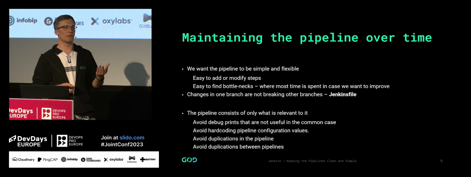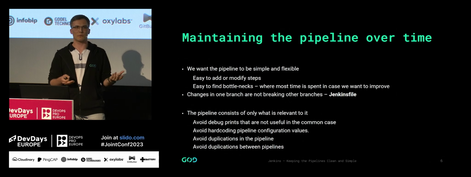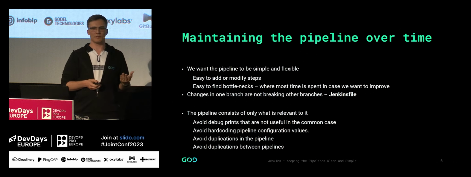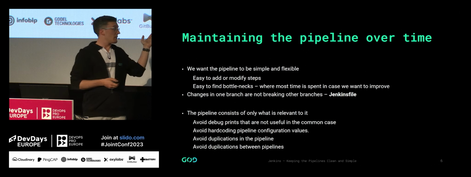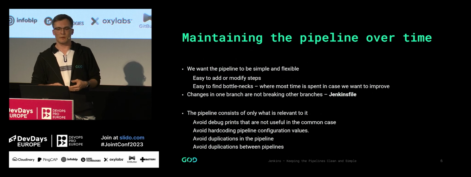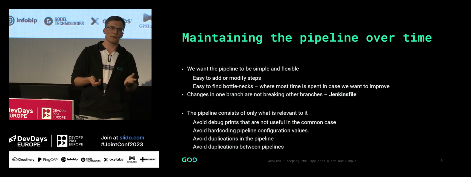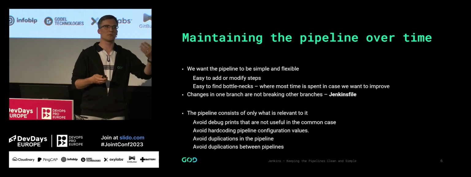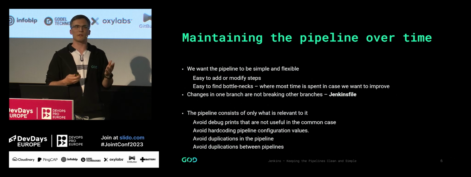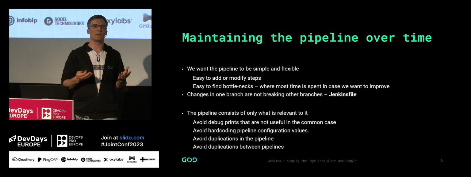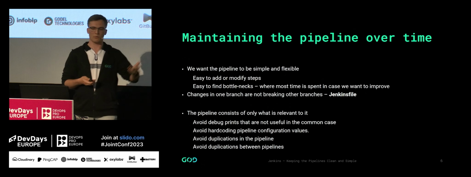Of course, you want to keep the changes such that one branch will not break the other branch. And when I speak about Jenkins, of course I mean the Jenkinsfile. And some stuff that we want to avoid when we use the pipeline. Of course, you want to avoid any debug prints. Not any debug prints, anything that helps you and shows you the clear flow, put it there. But if it's not useful, keep it out. It will just make your pipeline more messy when you would like to look through it.